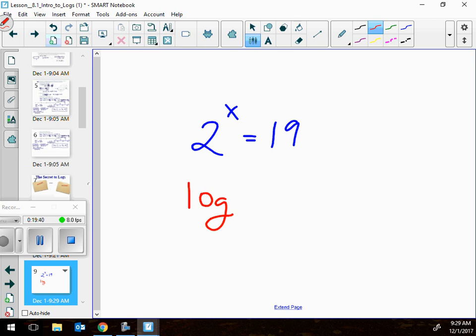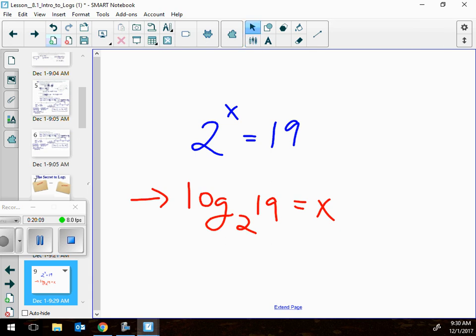Log base what of what is equal to what? Did you have base 2? Did you remember that it's not in order, so the next thing is not the x. The next thing is the 19 equals x. And now, kids say this in an amazing array of ways because they haven't learned how to say it properly.